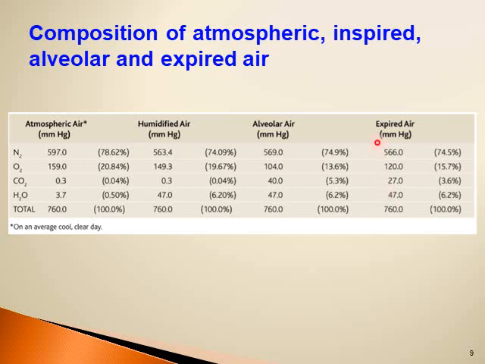Therefore, the composition of the exhaled air is different from the alveolar air, because, as I said, when alveolar air is pushed outside the respiratory zone, it will pass through the conducting zone that contains humidified air. The mixing of that 350 ml with 150 ml of humidified air will change the composition of the alveolar air.